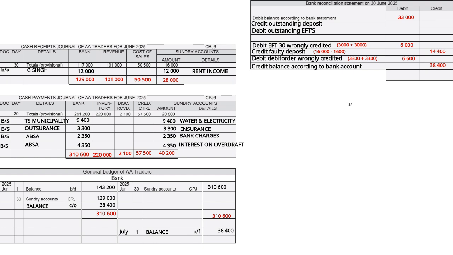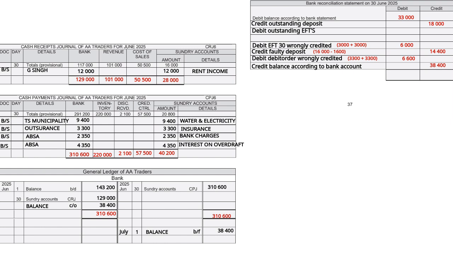The only two things we have not entered yet was our outstanding deposits and our outstanding EFTs. But we've already made note of that, and we highlighted that in yellow when we double-checked our entries and did our recon. We realized that we had an outstanding deposit of 18,000 on the 30th. So under credit outstanding deposit, we are going to record 18,000.